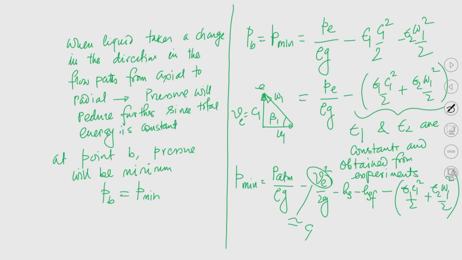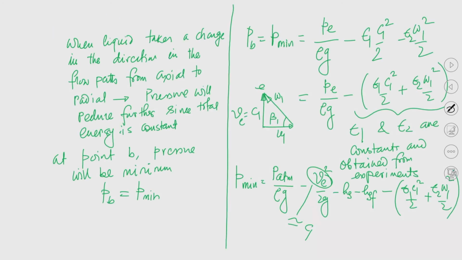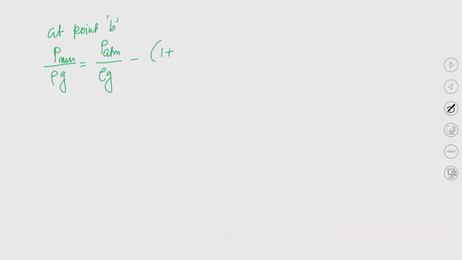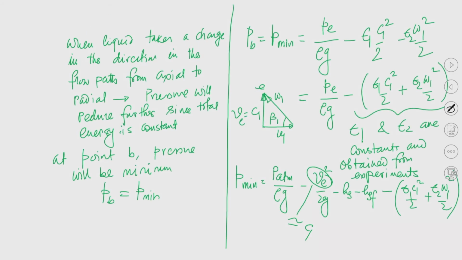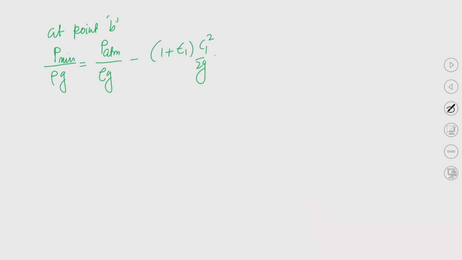So if we do this algebraic manipulation and go to the next slide, at point B, P minimum by rho g equals P ATM by rho g, minus 1 plus epsilon 1 C1 square by 2 g, minus epsilon 2 W1 square by 2 g, minus Hs minus Hsf.